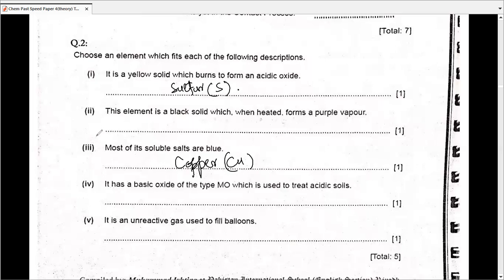Sir, what is MO? Okay. M means the metal is combining with oxygen, and MO is the type of formula. M2O is also a type of formula. MO2 is also a type of formula. This may depict that it is CO2 or NO2 or SO2.